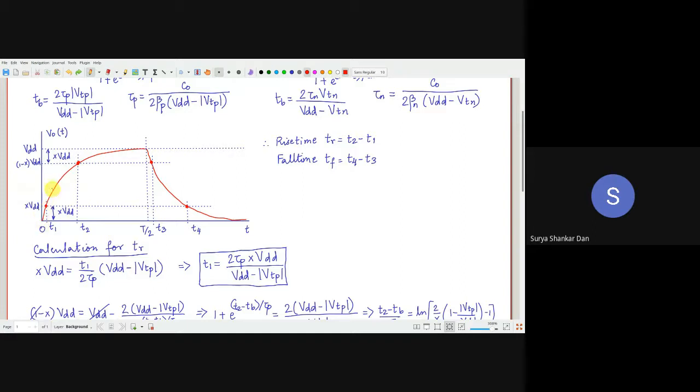The slope is very high compared to this one. So intuitively also we can understand that there is more current going in this T1 than close to T2. Essentially, more current means saturation, and over here less current means linear. That is also an intuitive way of looking at this.